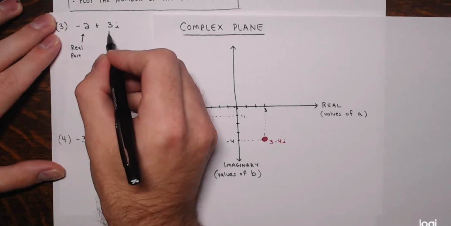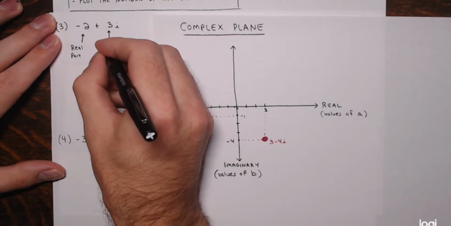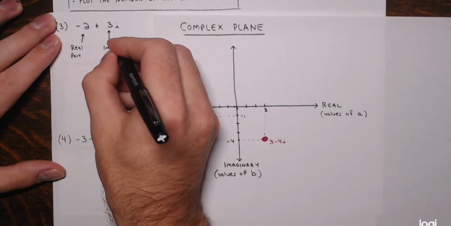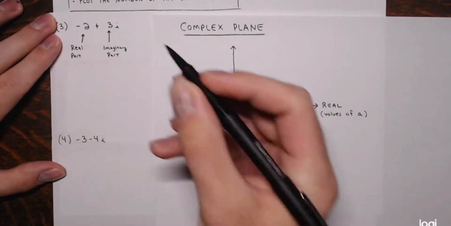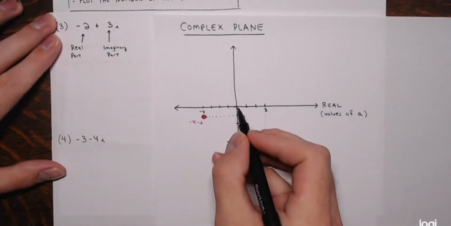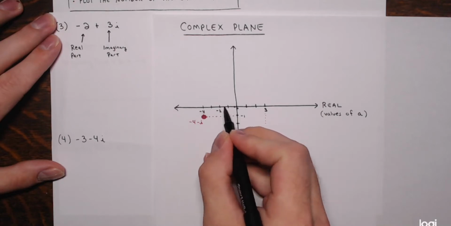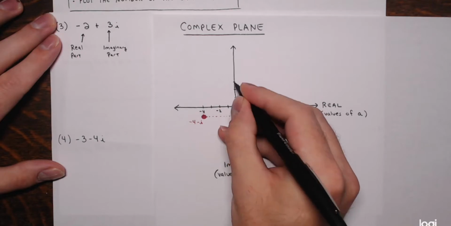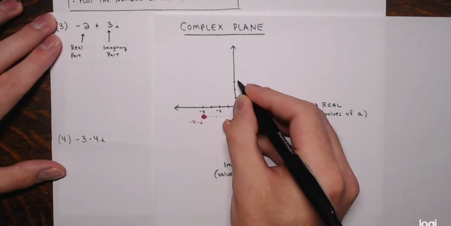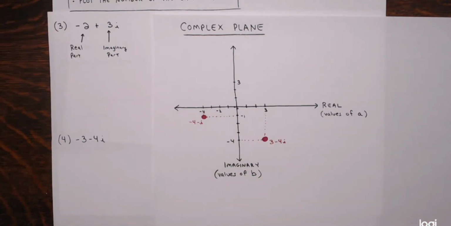The imaginary part is the positive 3 attached to the i. So if I want to plot this number on the plane, go to negative 2 on the real part axis, and then positive 3, which would be 3 above the center, the origin. Positive 3 on the imaginary part axis.